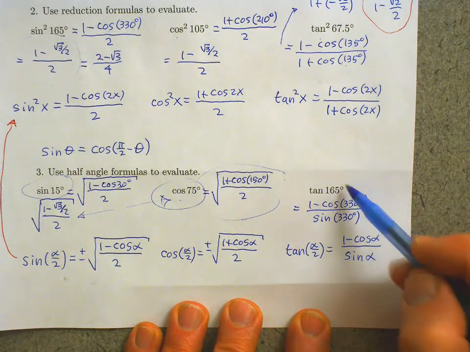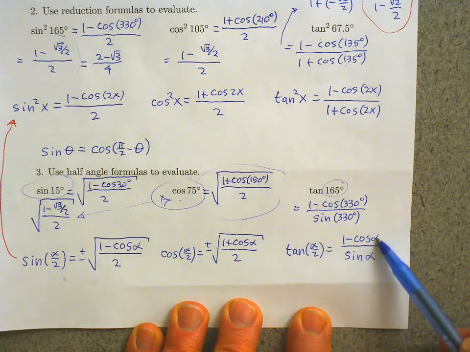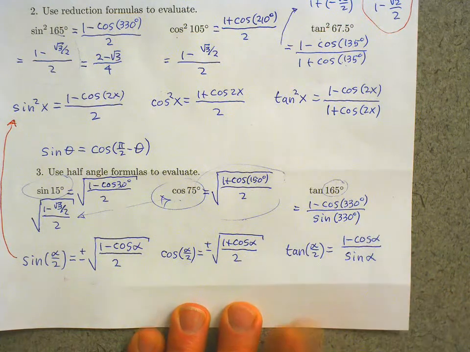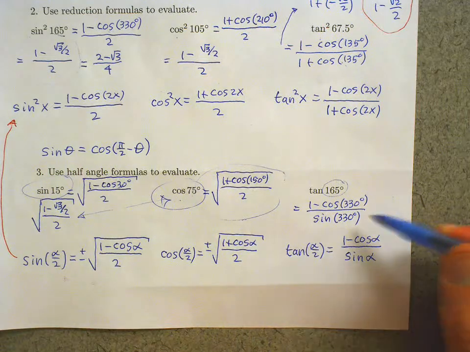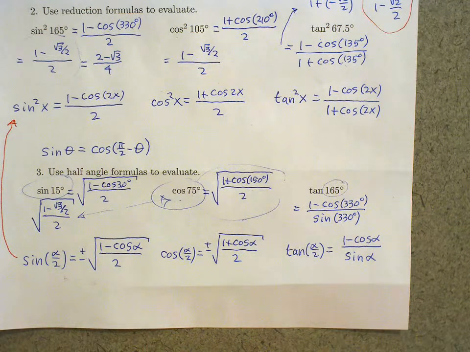Because the 165 is the alpha over 2, so alpha is twice as big. Okay, I'll leave the rest of that for you to do. We've seen those angles before. Those are angles who have special angles for reference angles. Okay, next page.